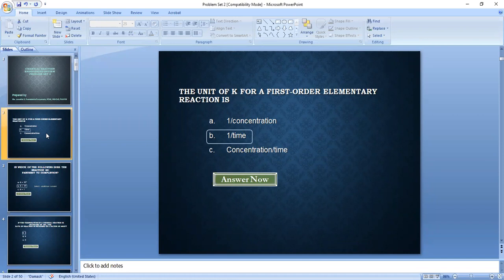This is based on the fact that the general formula for the units of your K is 1 over time times concentration raised to 1 minus n. So if the order of the reaction is 1, then you don't have this particular part there. So your unit for the K is just per unit time. Go to the second.